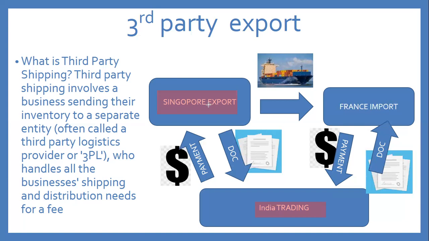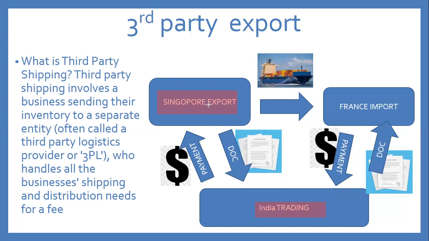So in this case, what will happen? The Singapore exporter will prepare the documents and send them to us, because in such cases the payment term is used mostly as document against payment or LC, because it is third party trading, so payment surety will be done in the right way.